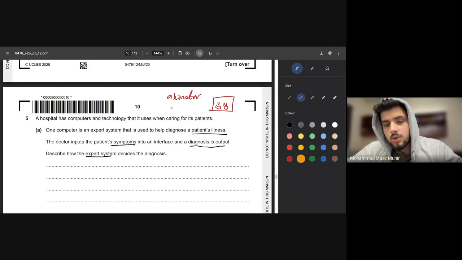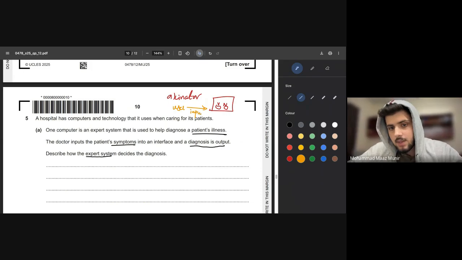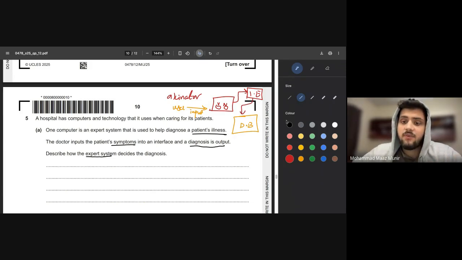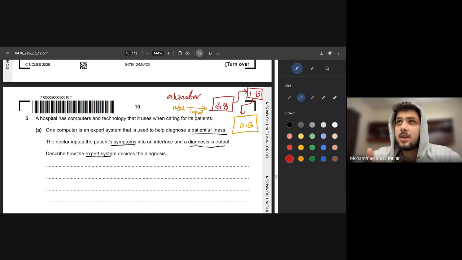So as a user, you're giving this system some sort of input. The system has a database at the back, and there is an inference engine set up here. Your decision goes to the inference engine, and the inference engine takes your data and compares it with the possible values in the database. It's like, okay, this person said that the player is a footballer.